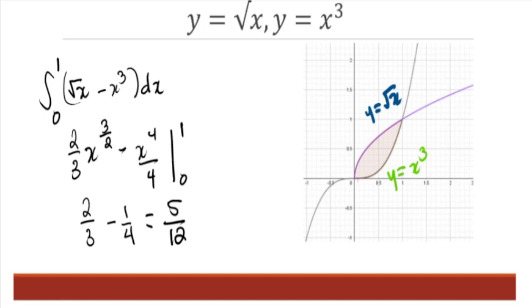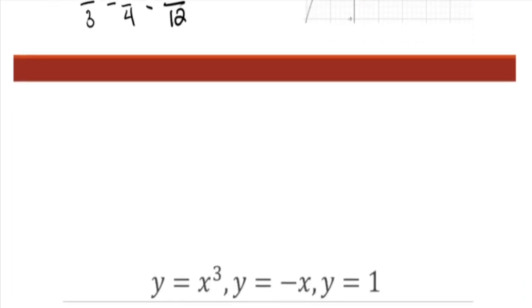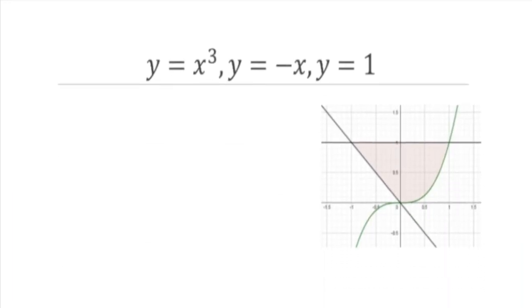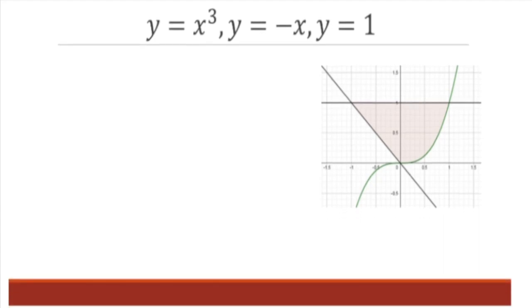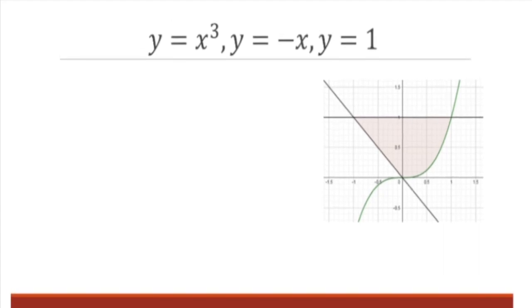And one more example. This time, let's consider 3 functions. So y equals x cubed, y equals negative x, y equals 1. Okay, in this case, we have three functions, no?